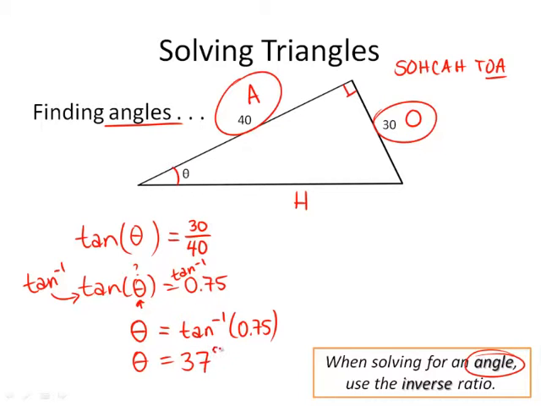Let's say that's just 37 degrees. So that's how we find an angle. We need to use the inverse ratio to eliminate the ratio and backtrack. And we're basically asking the calculator, what angle makes this work in this way?